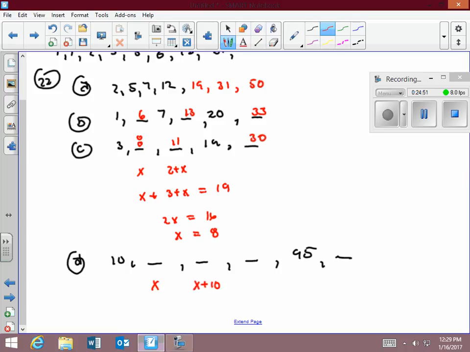Yes. Hold on a second. 95 is the last part of the sequence. So then this would be x plus 10, wouldn't it? And then the 95 would be x plus 10 plus 2x plus 10, wouldn't it? Well, I think you miswrote the problem there because there are four spaces. Oh, four spaces. Okay.